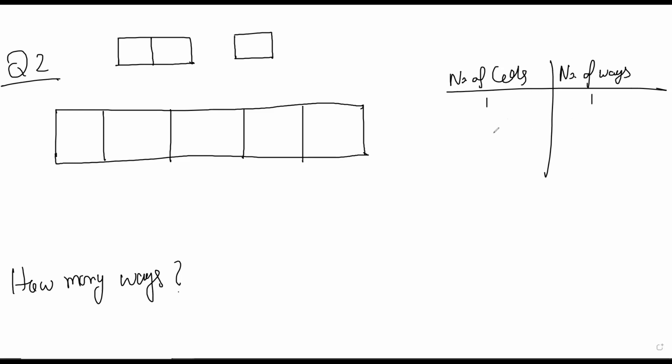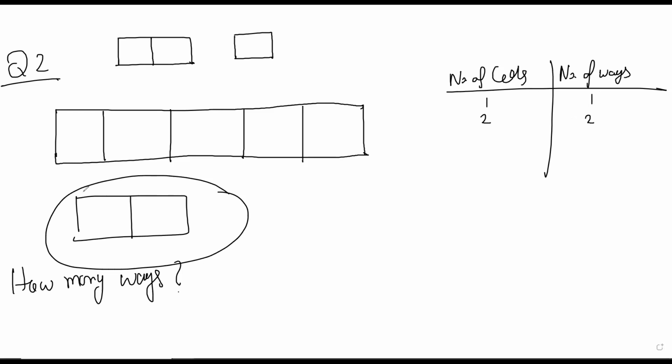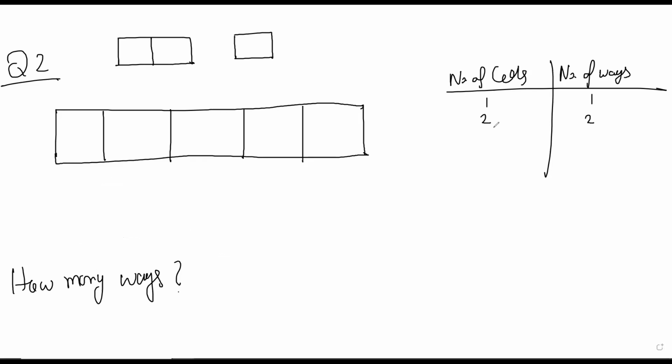I think you know that. If there are two cells, then there are two ways, right? If this is your thing, then either you can fill it like this, or you can fill it like this, right? So that is easy. What about 3?